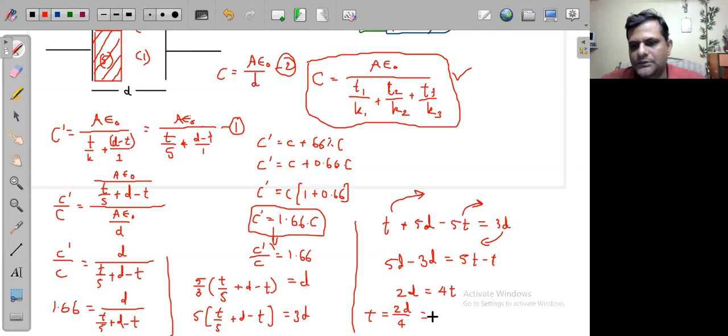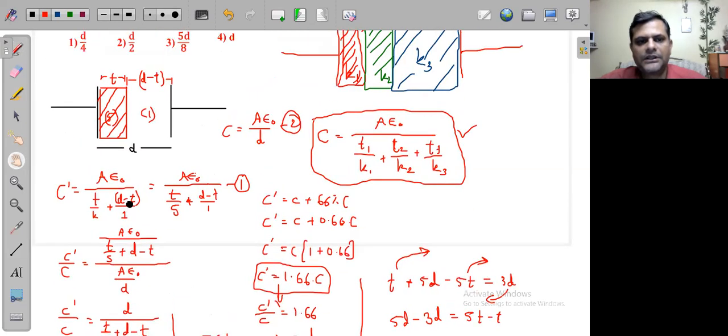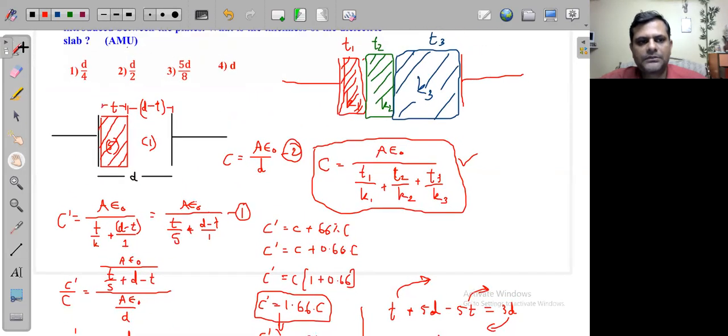So T becomes equal to D by 2, which is already there in option 2, which should be the correct one.